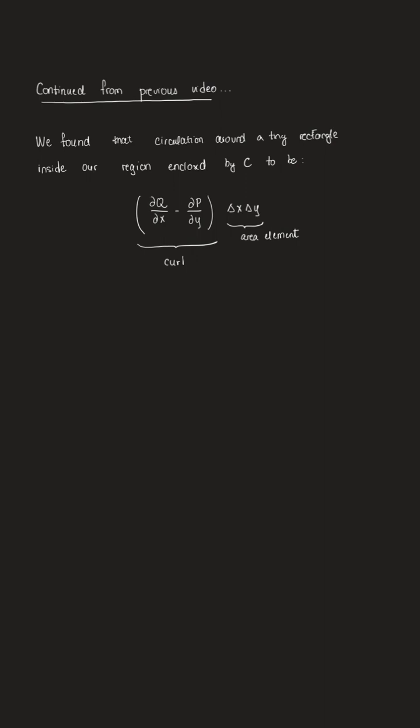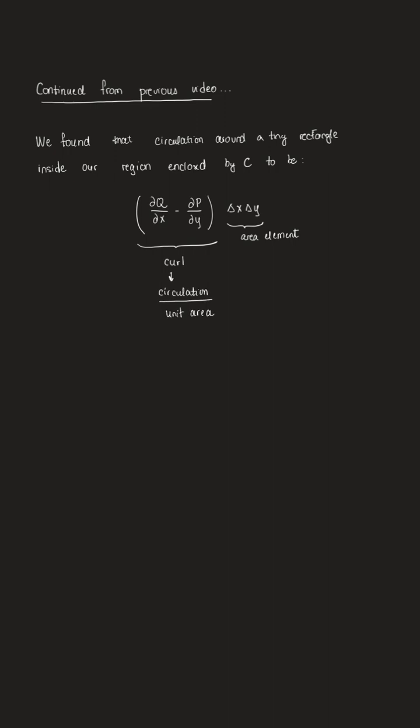So we have that the circulation around a tiny little rectangle is this curl, which actually represents circulation density, so circulation per unit area.